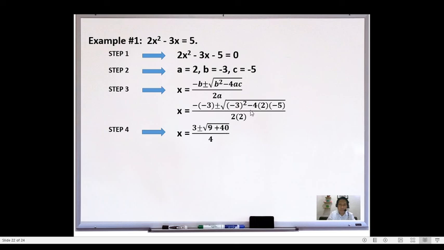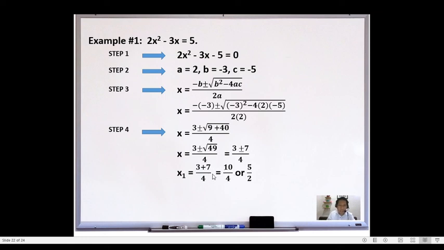So we have negative 4 times 2 is negative 8, times negative 5, that is equal to positive 40. And then 2 times 2 equals 4. And then next, x is equal to 3 plus minus the square root of 9 plus 40, that is equal to 49 over 4. So equals 3 plus minus the square root of 49, that is equal to 7 over 4.